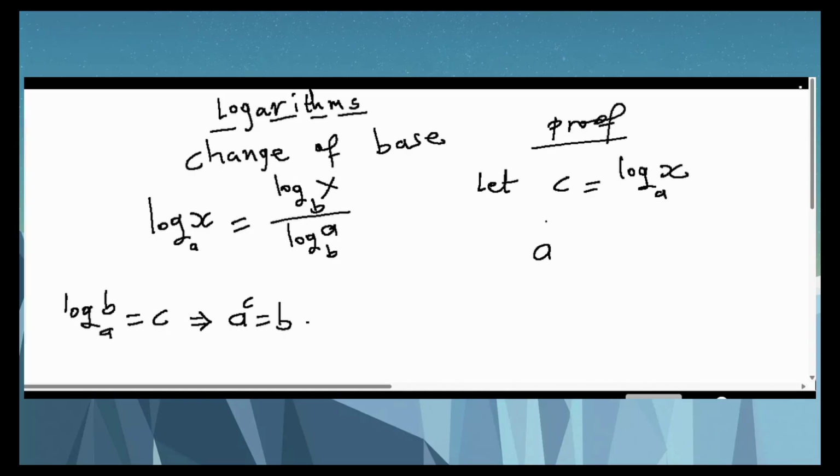Then the base a raised to the power c, which is our result, will be equal to what? In place of b, here we have x, right? It's equal to x, isn't it? So we let this be equation 1.